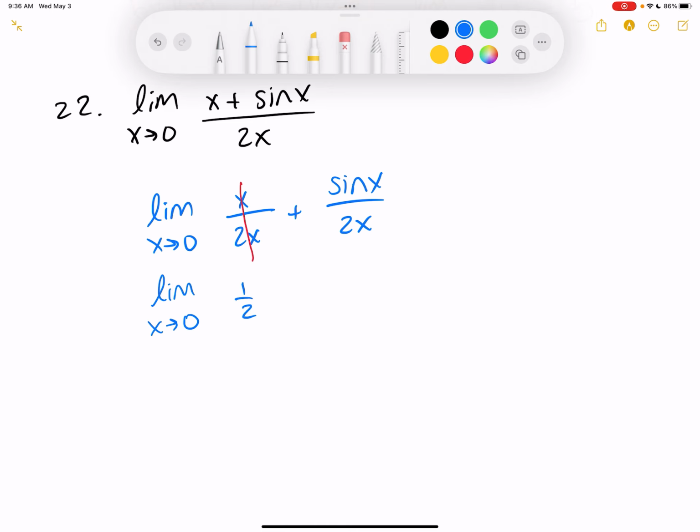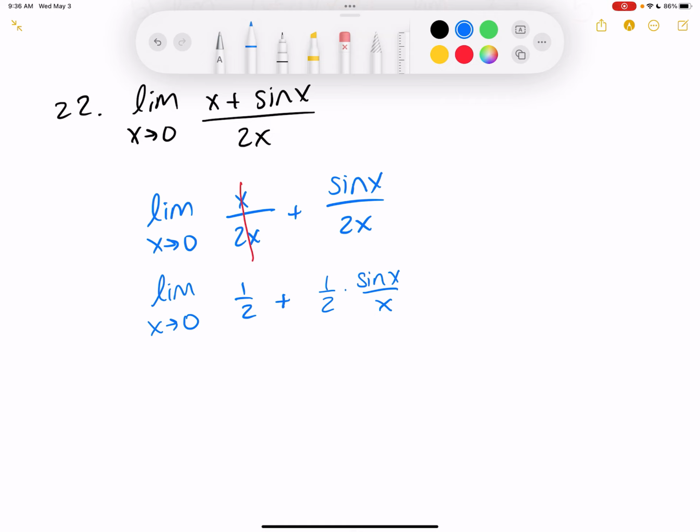Oh, there's only one. I was almost there. I know what you meant. We just divided them. Could I also write this as 1/2 times the sine of x over x? Yes, because it's just being multiplied.